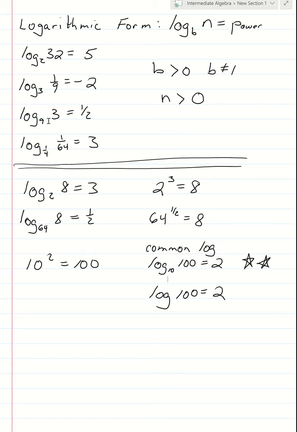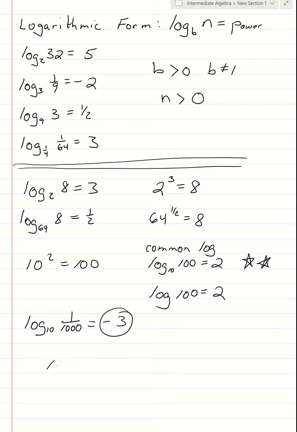So if you do happen to have a problem involving log base 10, for example, if we had log base 10 of 1/1000, you could actually use your scientific calculator to figure out what this is. Because if you activate the log key, then you type in that 1/1000, your calculator should tell you the correct answer of -3.